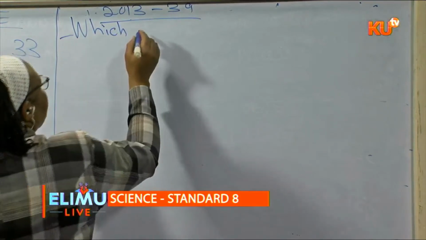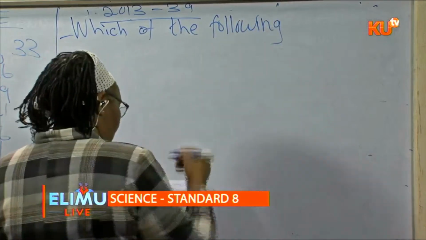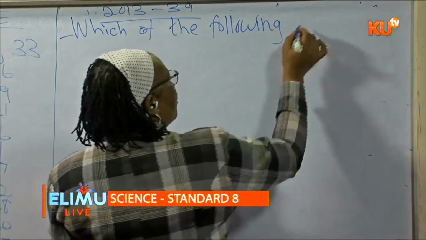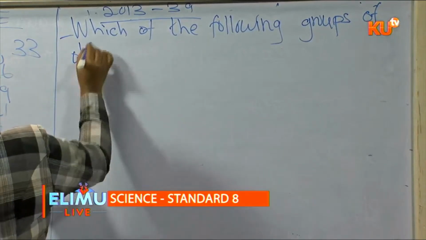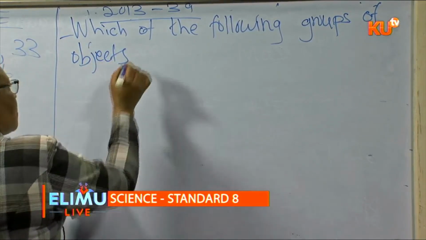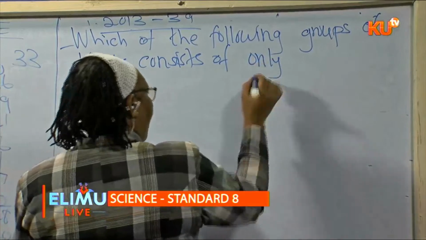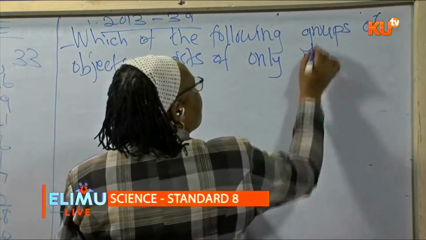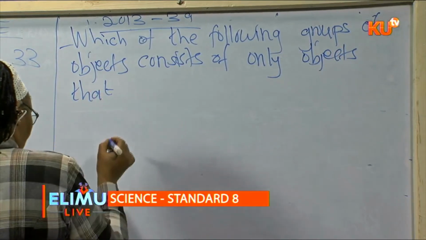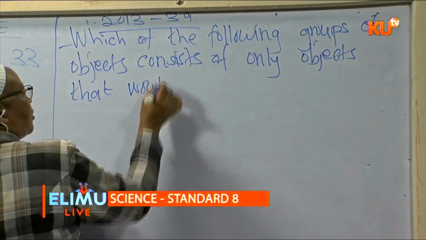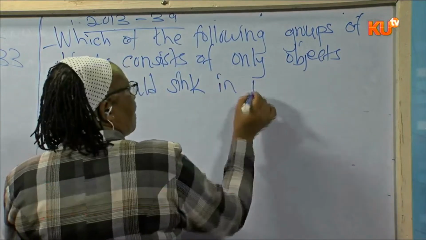The question is here: which of the following groups of objects consists of only objects that would sink in water?